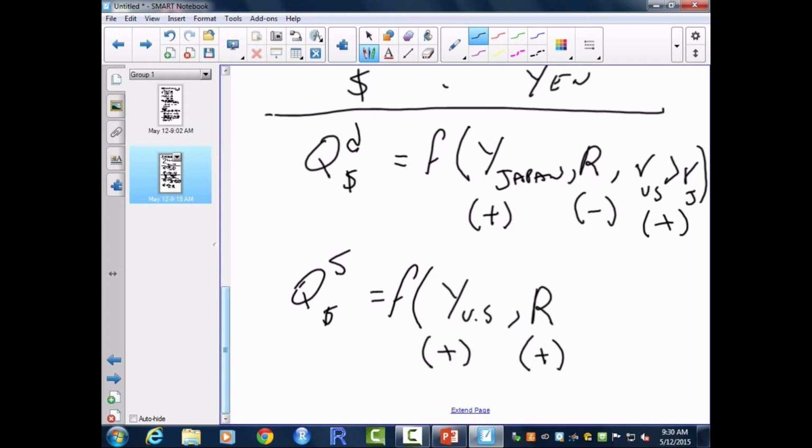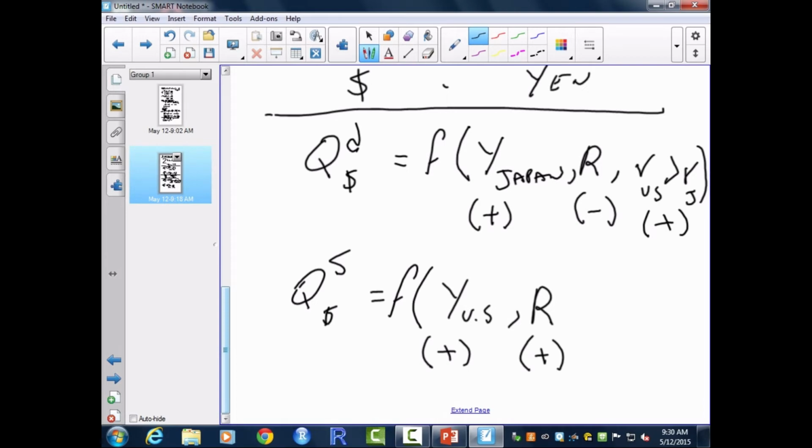Because exchange rate going up means the dollar is getting stronger. When R is increasing, the US dollar can buy more Japanese yen. So for every dollar, now we can buy more yen.